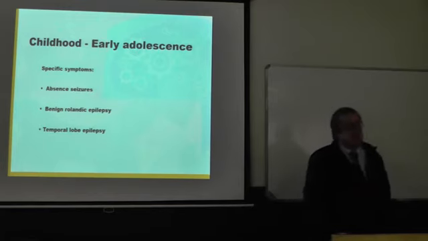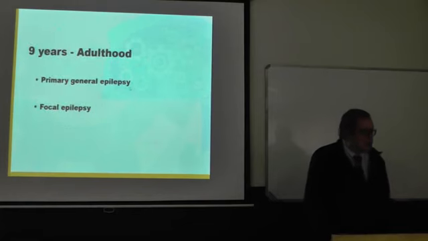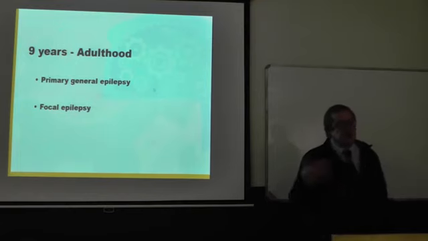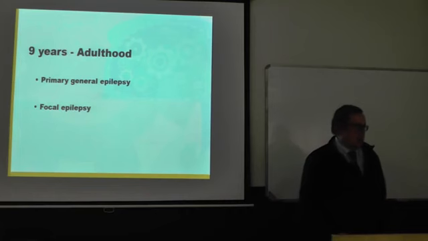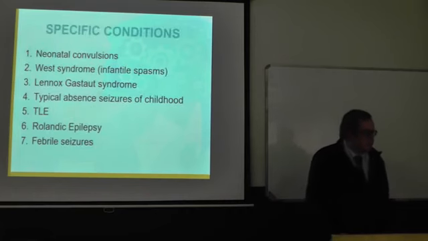Temporal lobe epilepsy, which can be of any type of color, starts during this time period. From 9 years to adulthood, also a difficult time, primary generalized epilepsy or focal epilepsies become more common, often due to something that has happened and that has given the child a focal lesion.